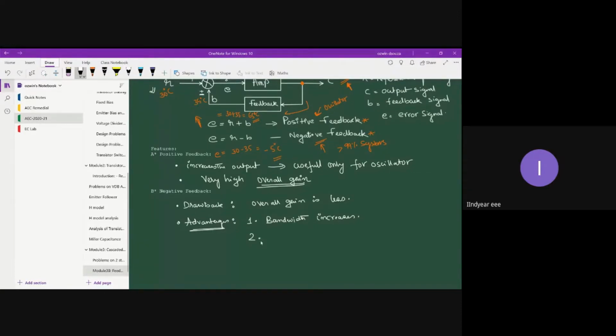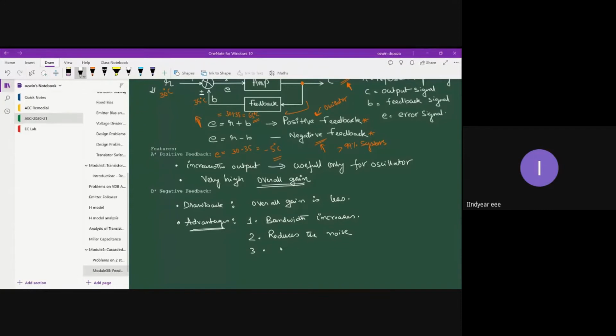Bandwidth increases. By increasing the bandwidth, what will happen? You will have a wider space to operate the system, basically. Bandwidth increases, then it reduces noise. There are so many.